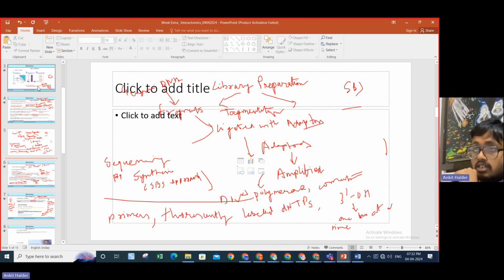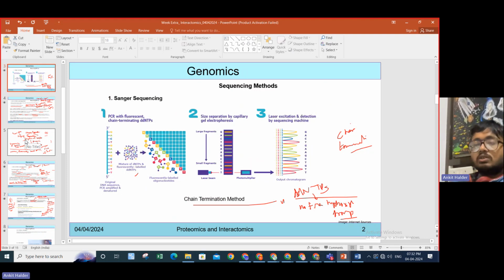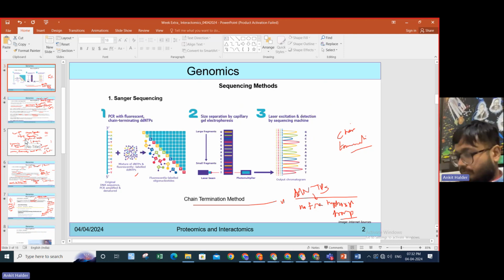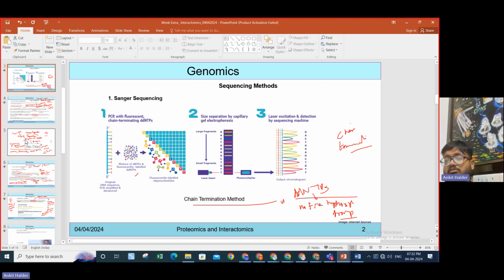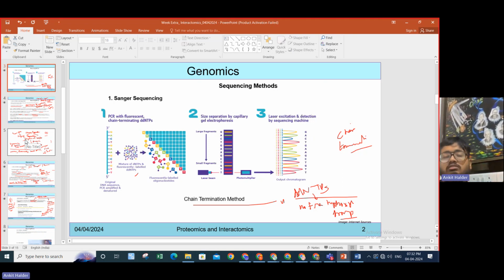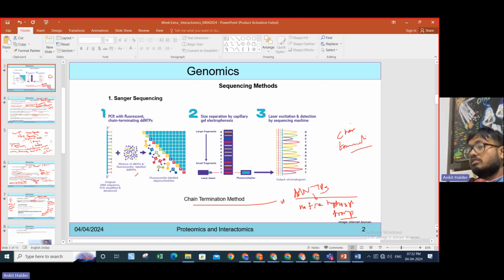So by now you have understood that we started with Sanger sequencing, the chain termination method, which involved using different chemicals to convert the fragments, and then finally finding the fragments, followed by sequencing by synthesis.